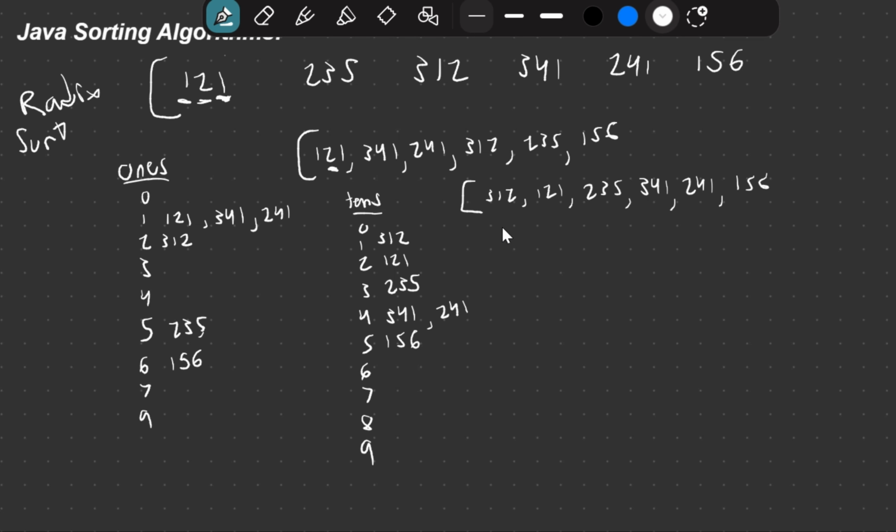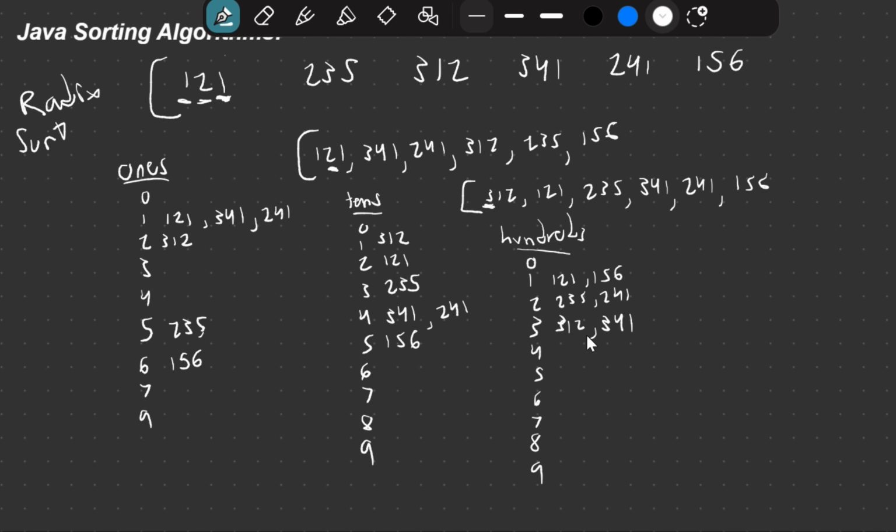And finally, we're going to do one final table with the hundreds. And these are all the digits that it can be. Oh, 6. So looking at the hundreds place now, 312, 121, 235, 341, 241, and 156.